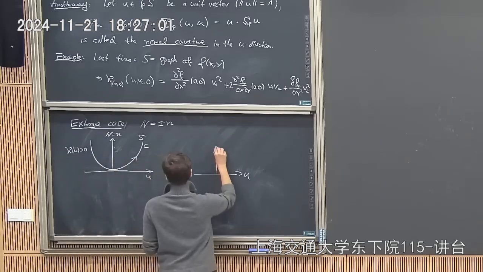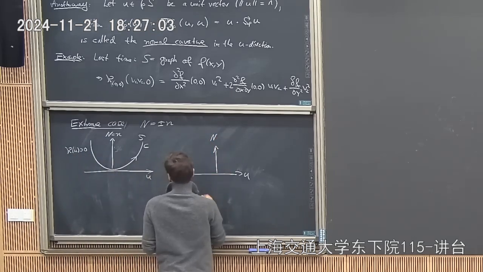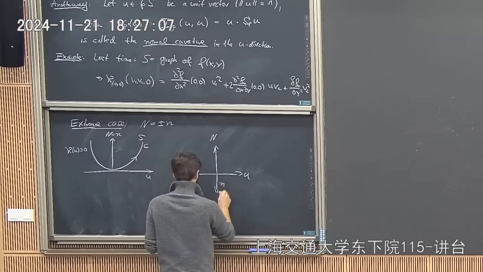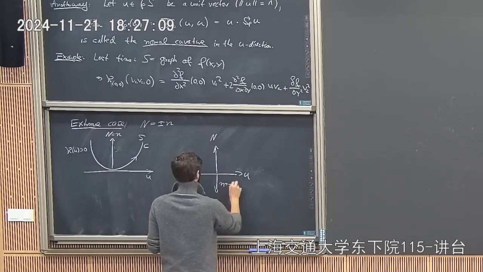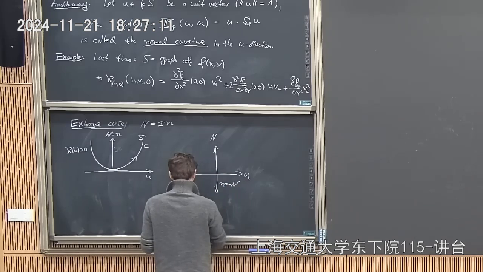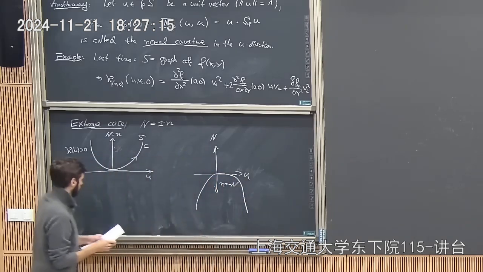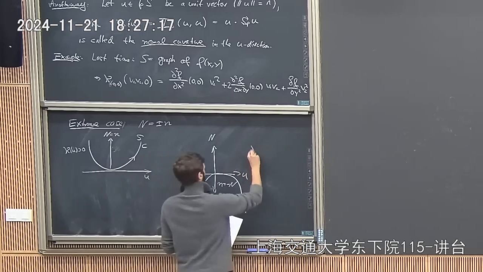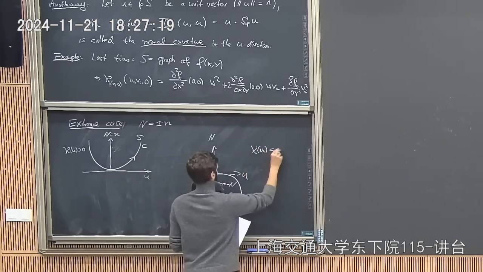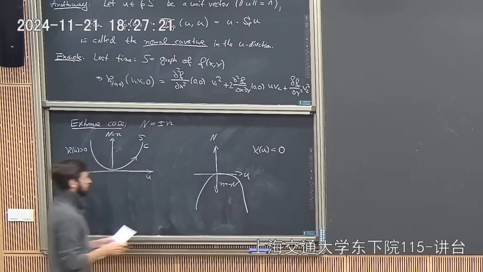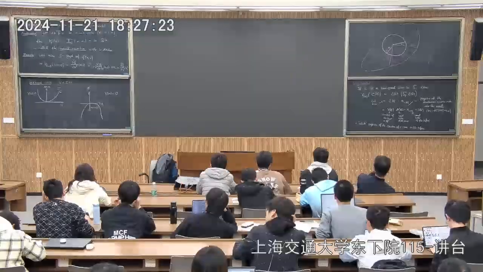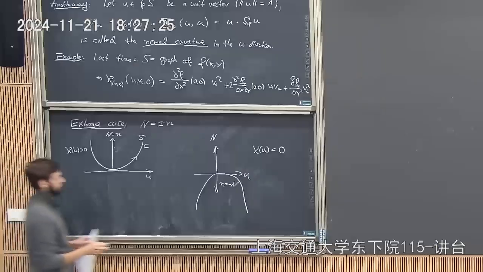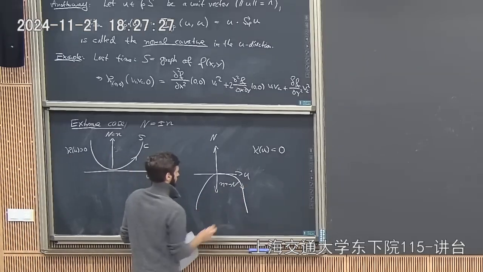And oppositely, if n goes in this direction and the normal of the curve goes in the opposite direction, then we have a case like this, and in this case kappa of u is smaller than 0. Again the curve always goes in this direction.